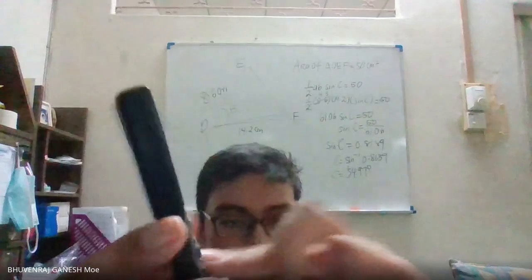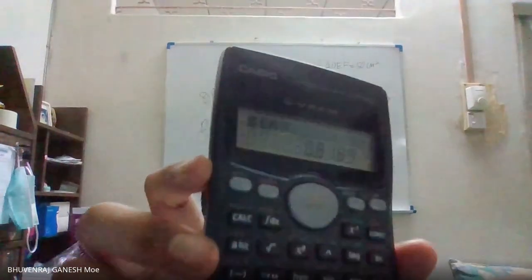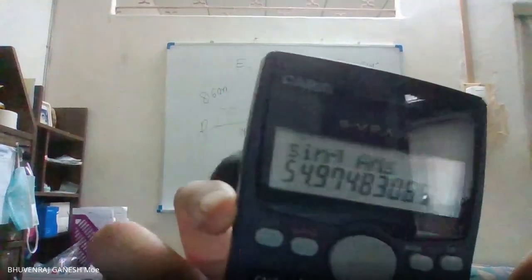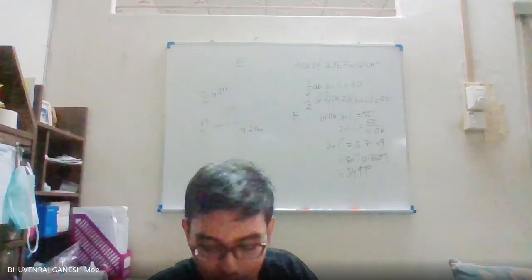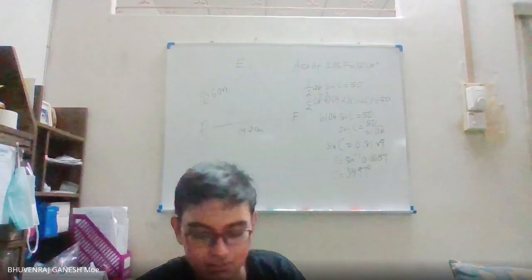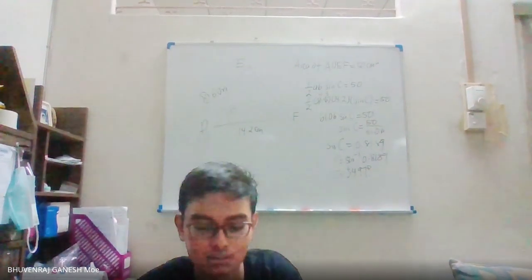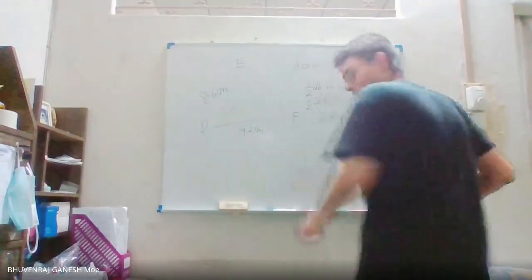Can you see your angle? Oh yeah, 54.97. So your angle must be a reasonable value, something like this. That's how I got the answer down there, 54.97. So that's how you find your theta, the angle. Okay, I see.